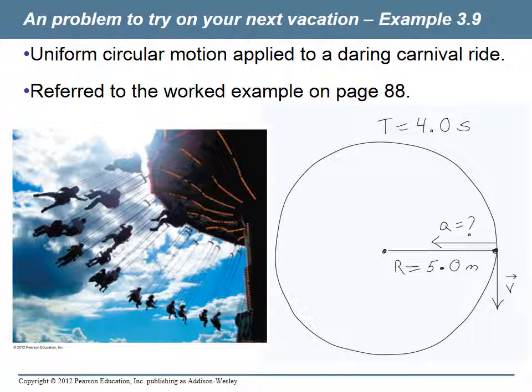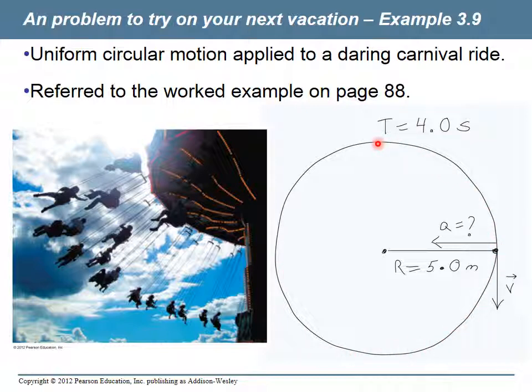The period is the time it takes for one revolution, and all throughout the course, capital T will represent that. So going all the way around takes 4 seconds.